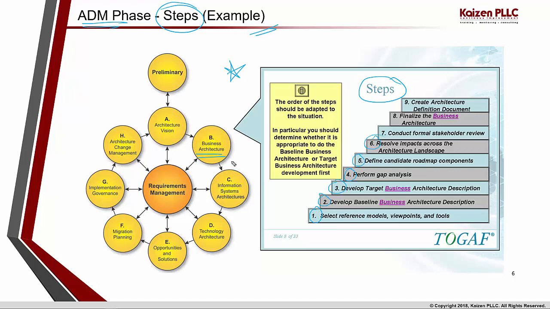You can skip, you can extend, you can customize these steps based upon your requirement. Okay, as an example, as a reference, for every phase, steps have been provided, which your organization will customize based upon your requirements.